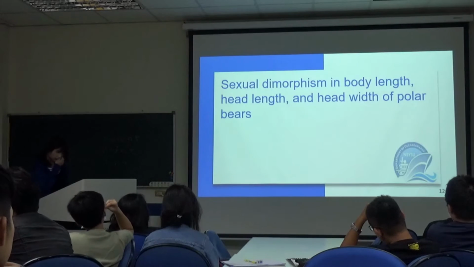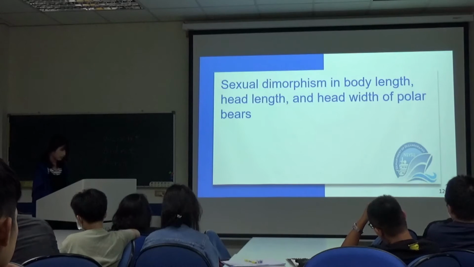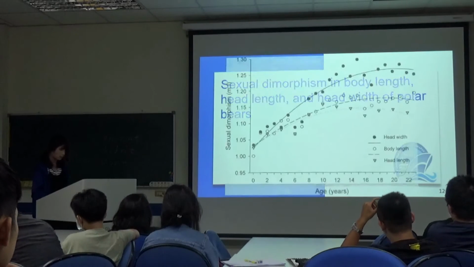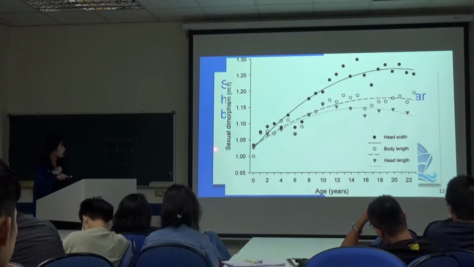Next is sexual dimorphism in body length, head length, and head width of polar bears. The x-axis is age, and the y-axis is sexual dimorphism.